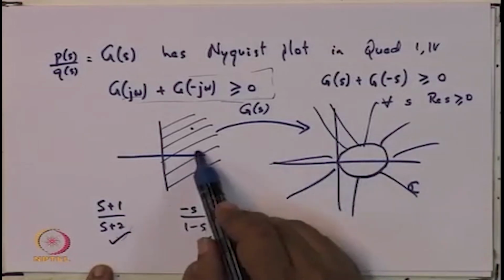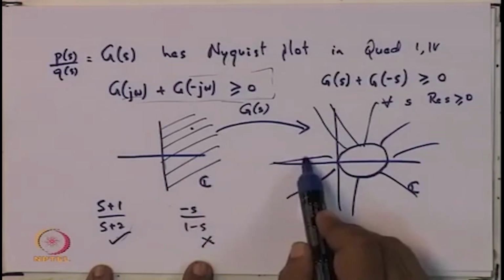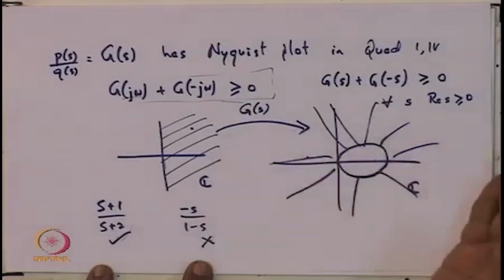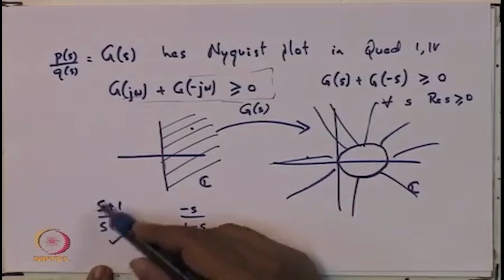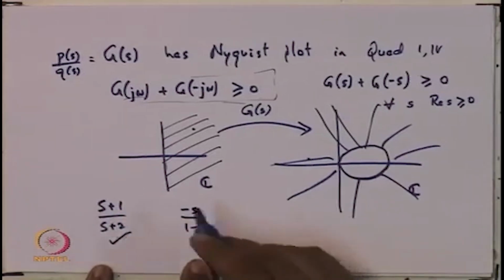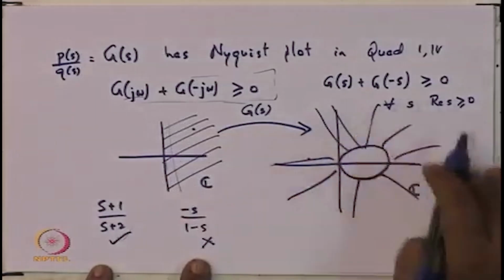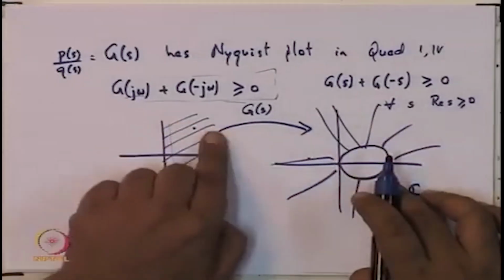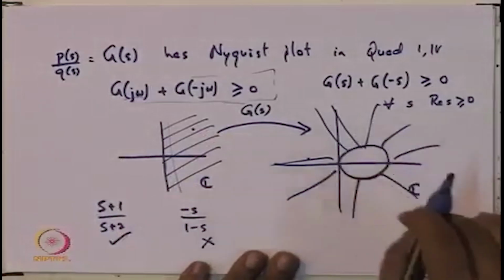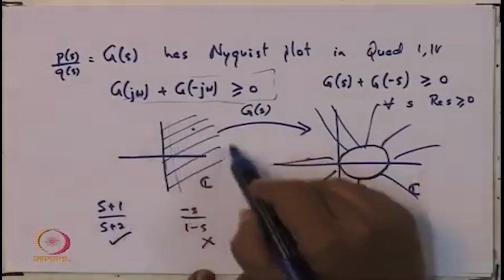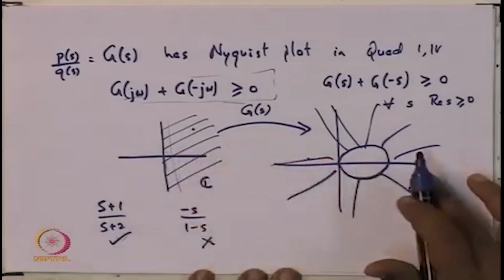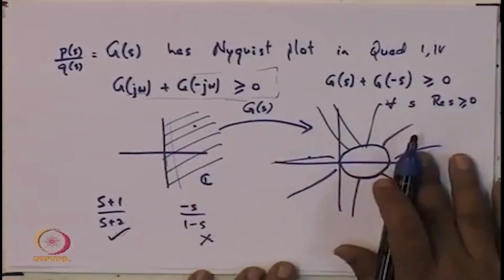Okay. Of course, what that means is some of these points get mapped to points here, which is not in the right half, but in the left half. Whereas, if you had taken (s plus 1) by (s plus 2), then the imaginary axis would have mapped to a curve, and the right half would have mapped to the inside of the curve, which means every point here on the right half is going to get mapped to the right half plane.